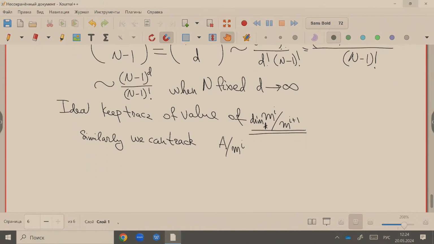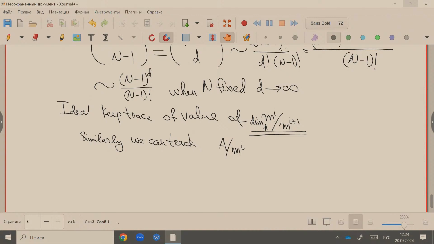So here you have filtration. I mean, you cannot say that this is a vector space over K, yeah? But you can have the following. So you can associate the so-called length function.